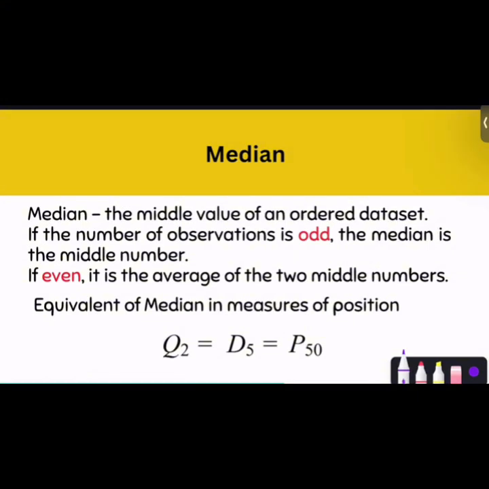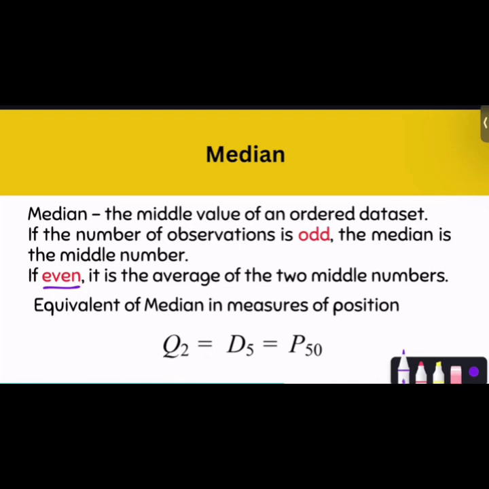But make sure that our data set is arranged from smallest to largest value. And then, if our given data set is even, then it is the average of the two middle numbers. So that is our median. So again, the equivalent of median in measures of position is Q sub 2 or quartile 2, which is equal to decile 5, and it is also equal to percentile 50.